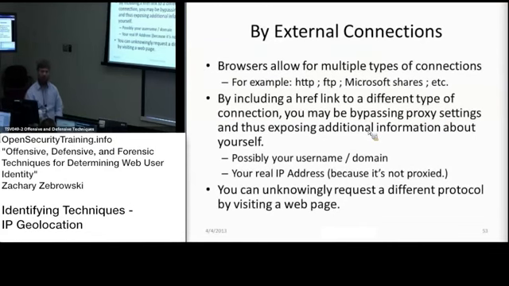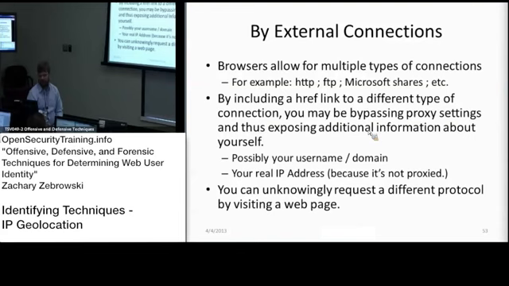External connections are another way that people can possibly identify you when you browse to a website. HTTP is the one that everyone's familiar with, but your web browser can also browse FTP shares. You can browse Microsoft shares. It can possibly browse LDAP, but that's not 100% sure at this point. It can possibly browse Gopher, but that depends on the browser.